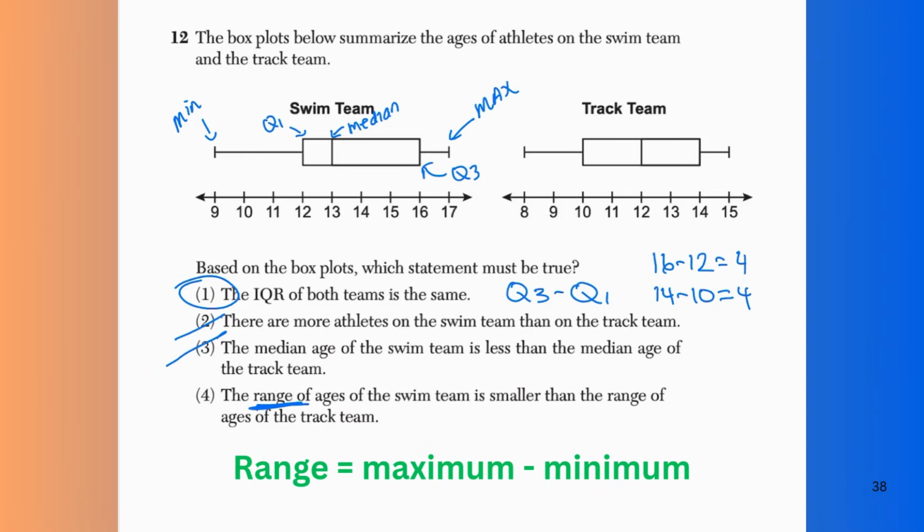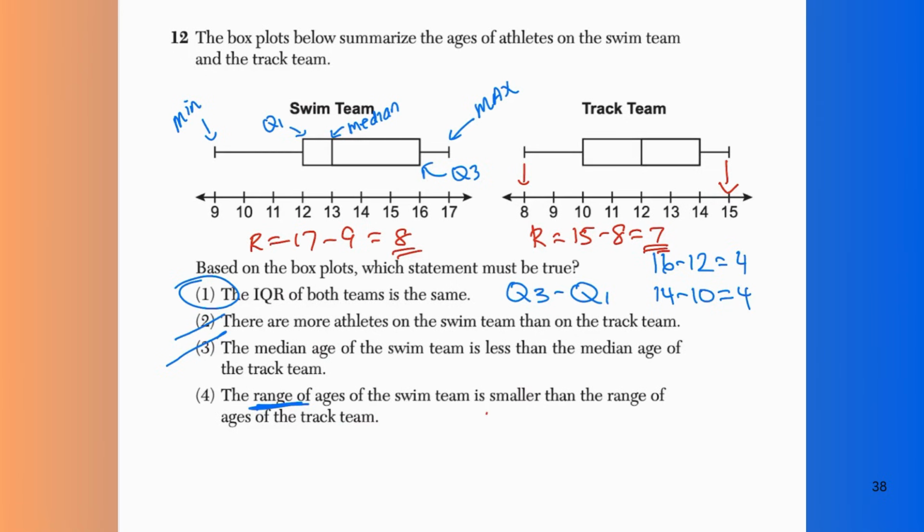For the swim team, the maximum was 17, the minimum is 9, so their range is 8. For the track team, the maximum is 15, the minimum is 8, so their range is 7. Which means that the range for the swim team is greater. They say it's smaller, and so answer choice number 4 is also out.